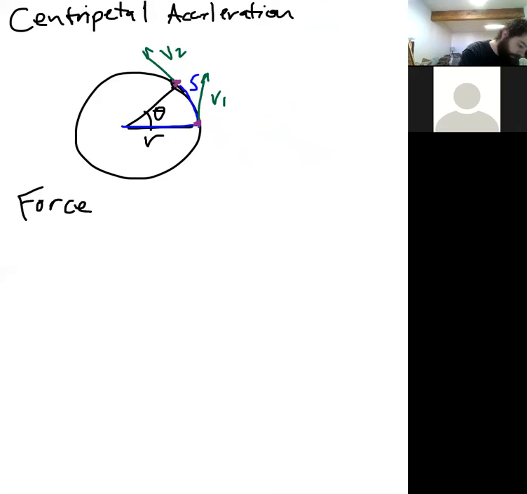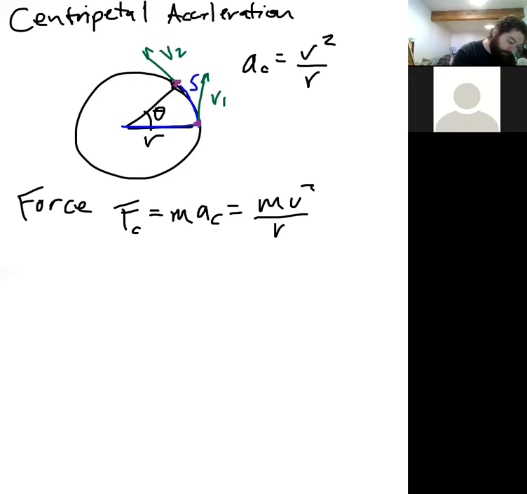So here we just have AC equals V squared over R. And the force, we'll do that centripetal force is equal to the mass times AC. And that's just a mass times velocity squared over R. And we also know from omega, it's going to be mass omega squared times R.